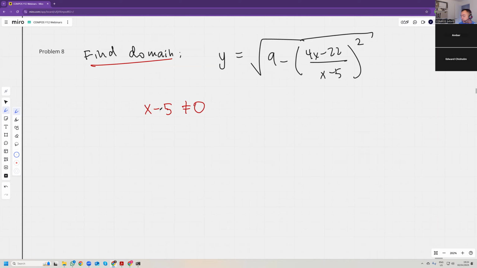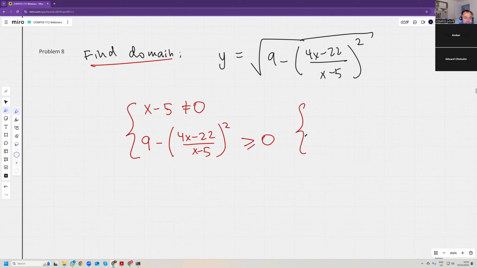That's the first limitation. The second limitation is that you can't take the square root of a negative number. And so that means 9 minus ((4x minus 22) over (x minus 5)) squared must be greater or equal to 0. So here we can write ((4x minus 22) over (x minus 5)) squared is less than or equal to 9, x minus 5 not equal to 0.